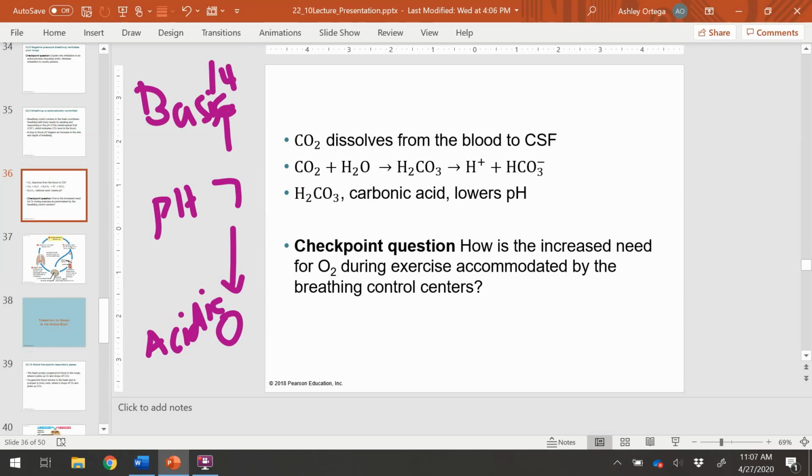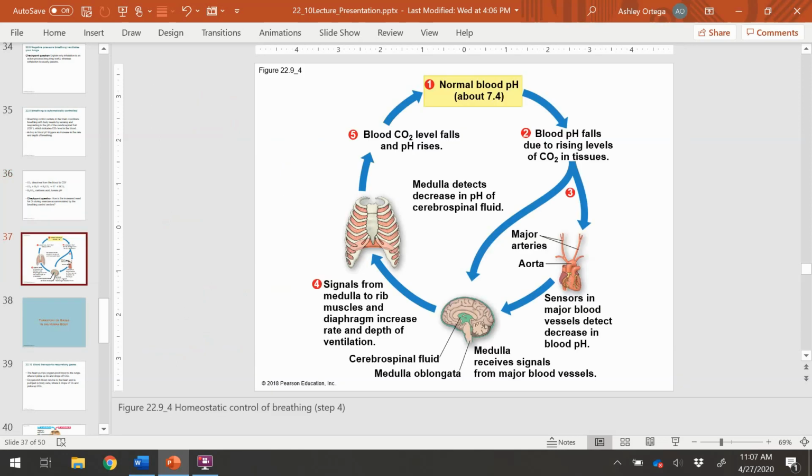And so that's how the increase in carbon dioxide is going to make a change in the blood that will be detected in the cerebral spinal fluid as well, as it dissolves from the blood to the cerebral spinal fluid. You can see that here, our normal blood pH is about 7.4, so it's slightly basic.